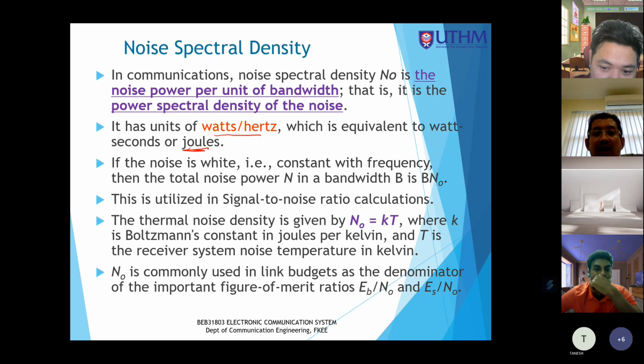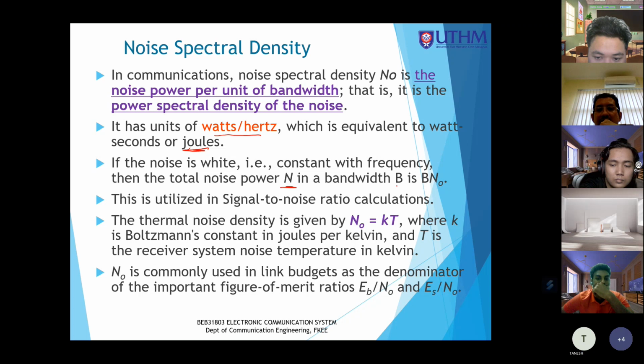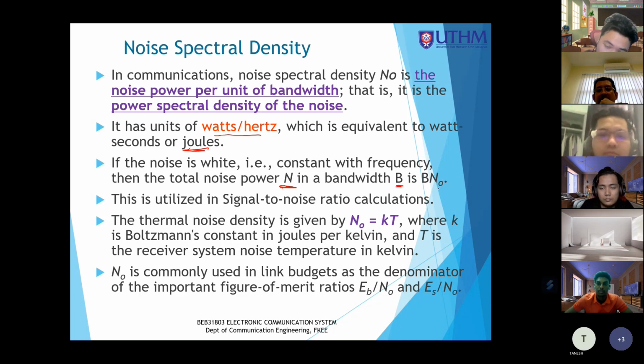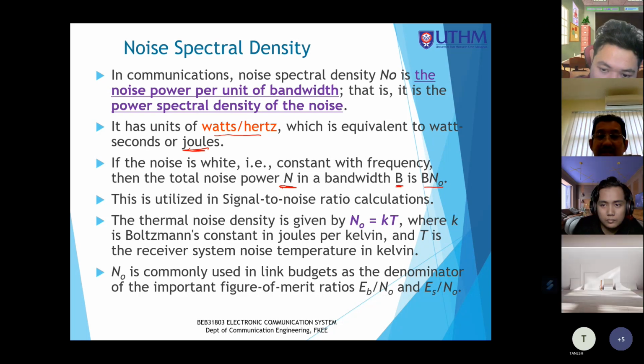Okay, so if the noise is white, which means that it is distributed across the entire frequency spectrum, then we can say that the total noise power in the bandwidth is equal to B times N0. Okay, kalau kita punya noise power adalah N dan bandwidthnya adalah B, maka kalau kita nak dapatkan noise power ini okay, kita kena darabkan bandwidth dengan noise power spectral density.